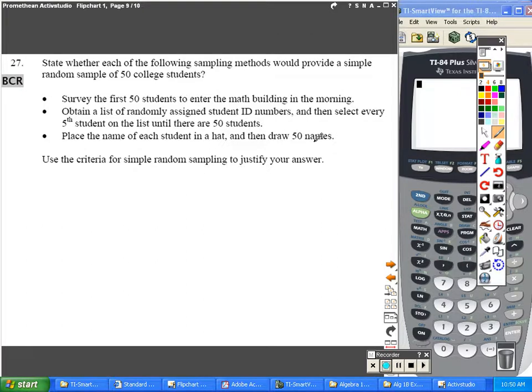Okay, when we're looking at simple random sampling, we have two factors. One is probability. They all have to be equally likely. You may remember those words from Ms. McWhorter's explanation earlier in the year. And your second factor is actually being chosen independently.